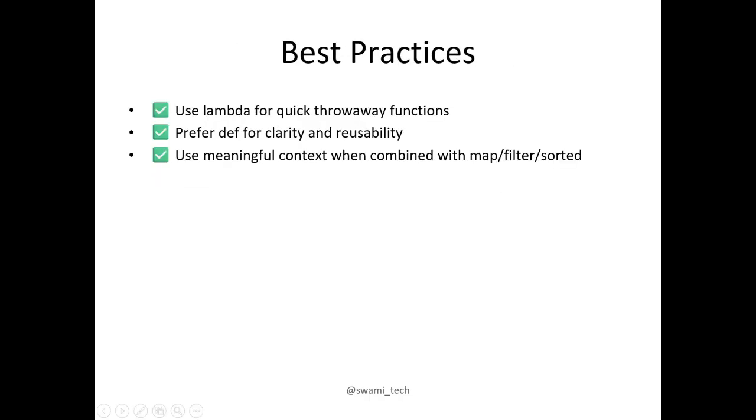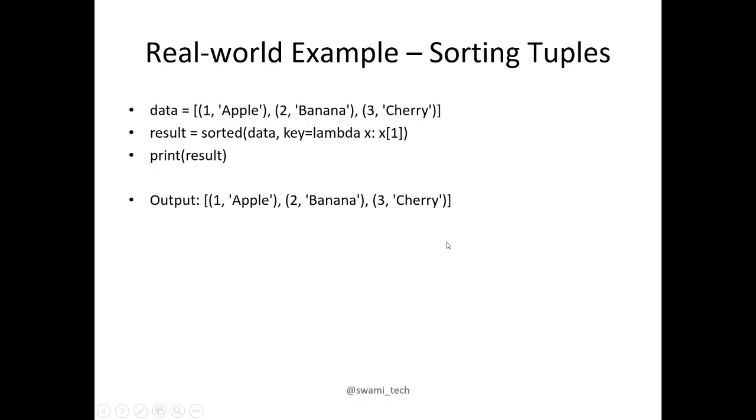Here are some best practices: use lambda for quick throwaway functions, use def for anything that needs to be reused, and combine lambda with map, filter, and sorted for clean data transformation. Here is an example where we sort a list of tuples by the second element, the fruit name.